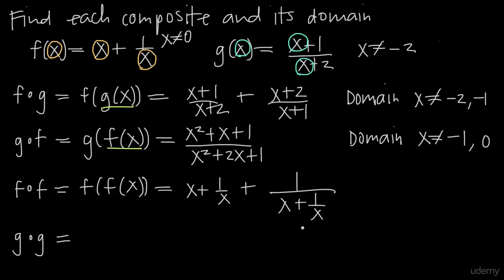We want to find a common denominator within this denominator, which we'll do by multiplying this term by x over x. That's going to give us a denominator of x squared over x plus 1 over x. Of course, now we can combine those fractions and we can say x squared plus 1 all over x. So now we have 1 divided by this fraction here.